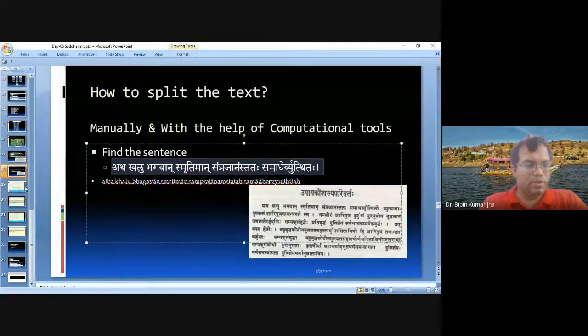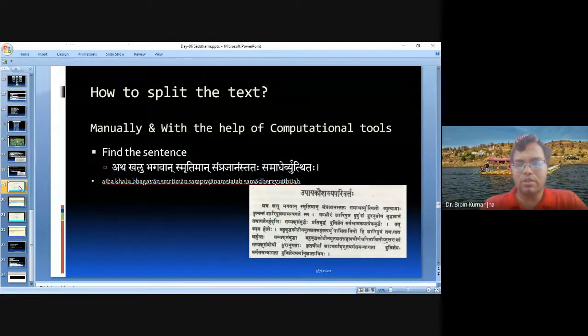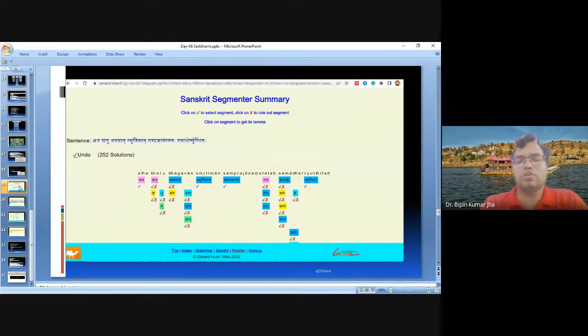Just see, when you have seen this one, you can go to one website. You can note this. This is the Sanskrit Heritage site. It is developed by one Sanskrit scholar, who is basically a grammarian and belongs to France.